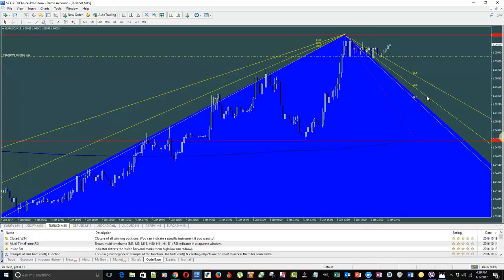Now your target is going to be somewhere around, you don't want to be greedy. So it's going to either be 50% or 38.2. That's if you want to take profit.